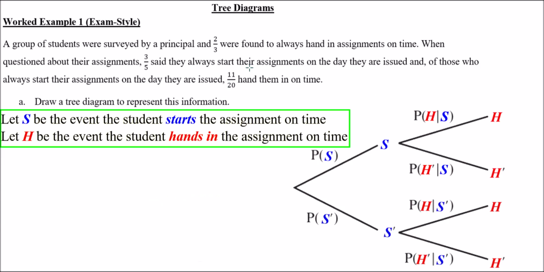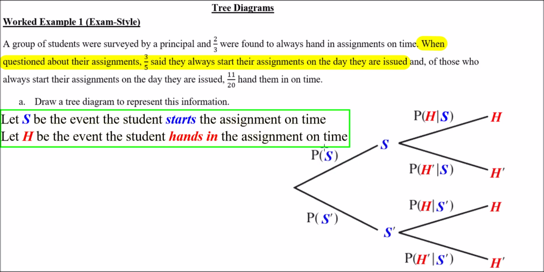So the first thing we can work on is actually the second sentence. The first sentence we can't actually tackle yet. I'll explain why not in just a moment. The second sentence says, when questioned about their assignments, 3/5 of the students said they always start their assignments on the day they are issued. And so, assuming this to be true, then the probability that the student starts an assignment on time is 3/5.